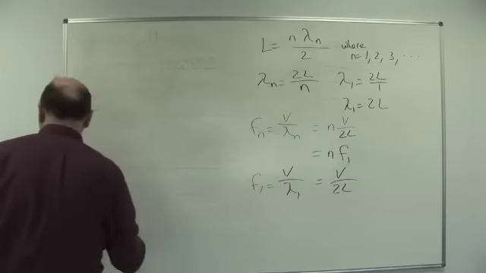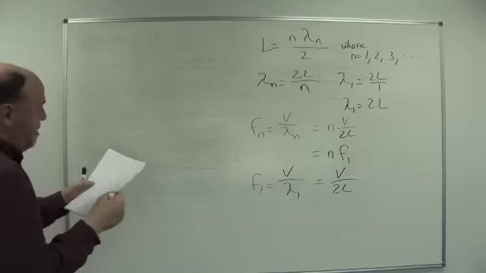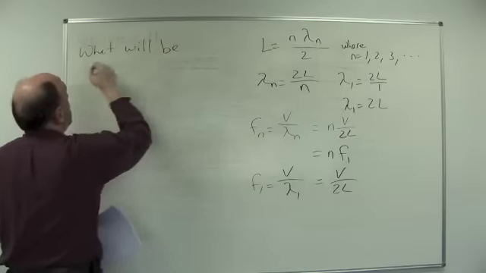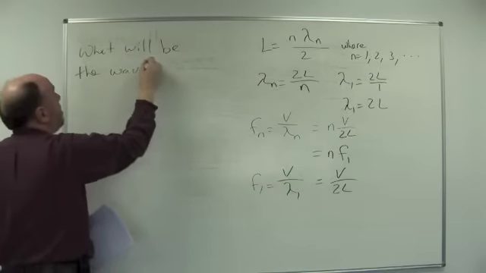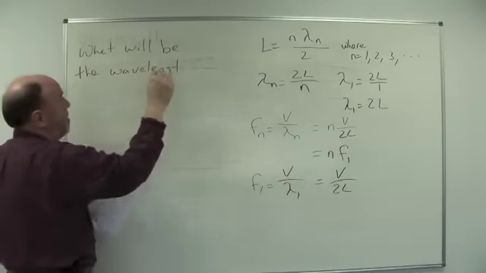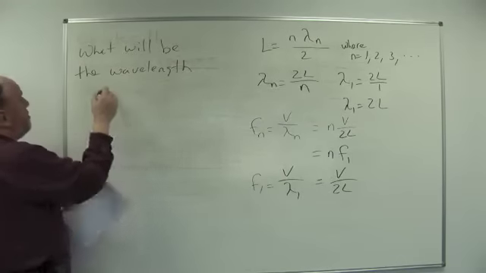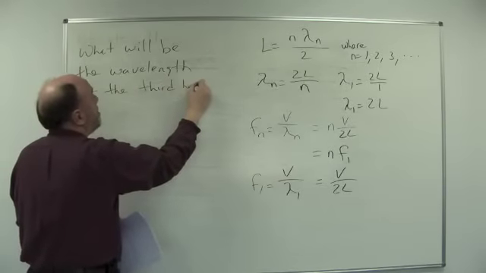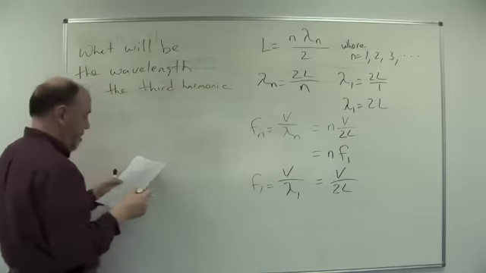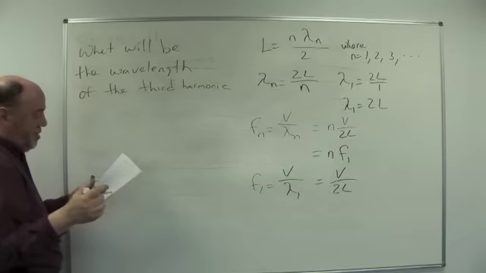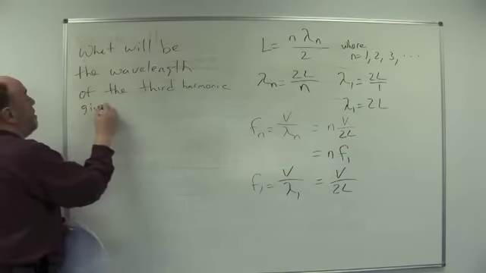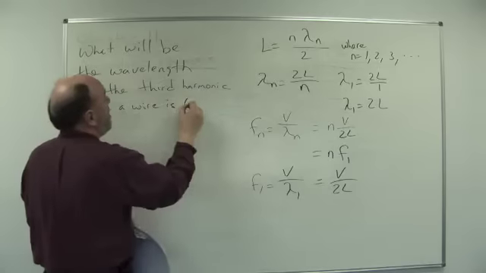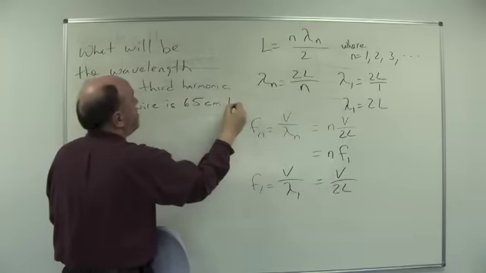And so we have something that looks like this. What will be the wavelength of the third harmonic, given a wire that is 65 centimeters long?